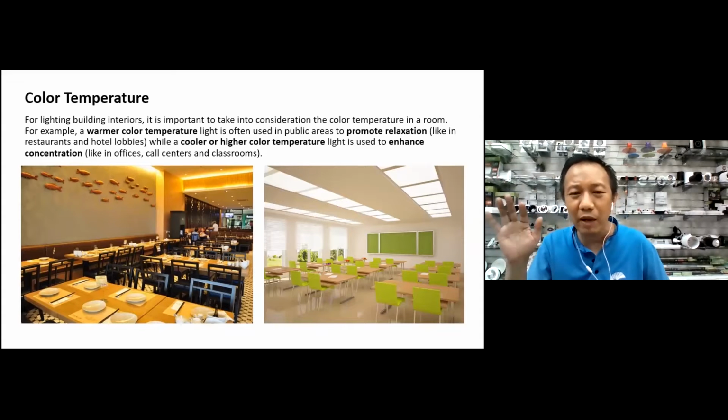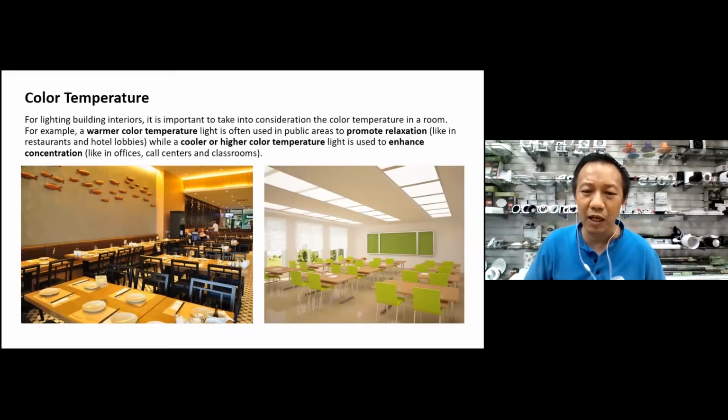So yung mga medyo yellowish na ambiance. While a cooler or higher color temperature light is used to enhance concentration, like in offices, call center, classroom, yung kailangan alert ka, ganon. So, use daylight.